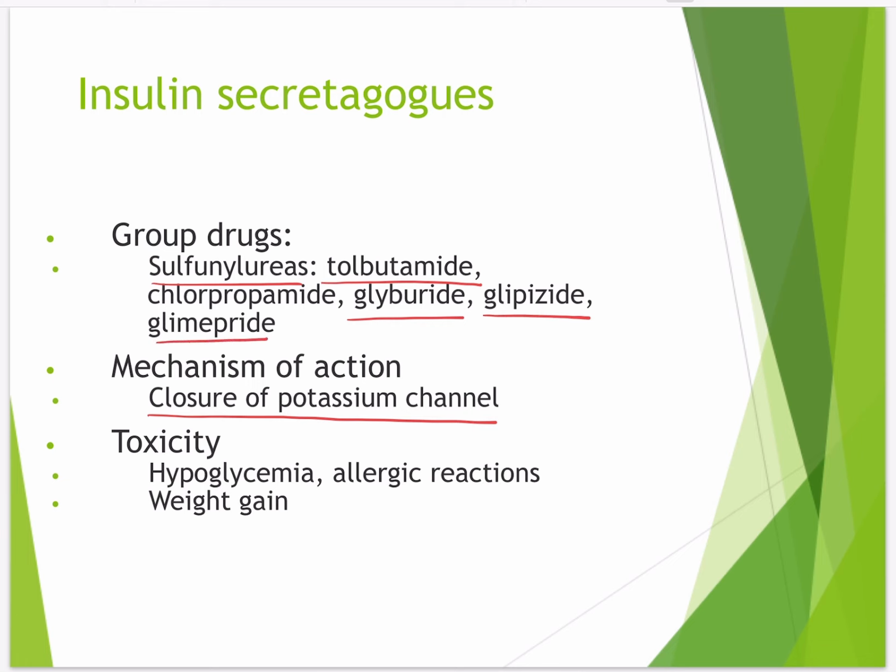This type of drugs is very important in this classification. They act by closure of the potassium channel and affect the release of insulin. It increases the release of insulin.